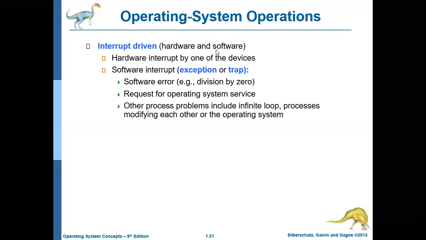If there is no user program, or no IO operation, or no user input currently available, then the processor will be idle and the operating system also will be idle.